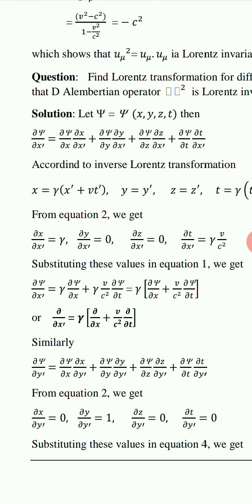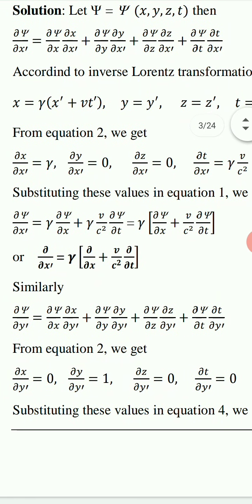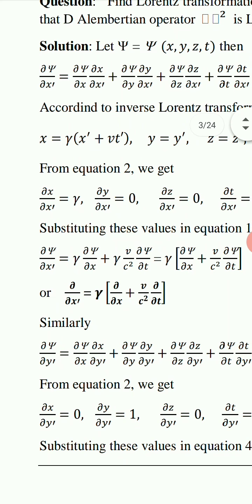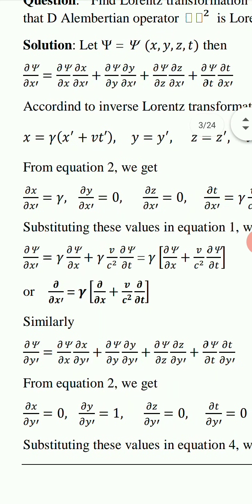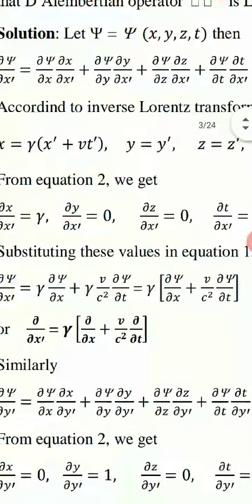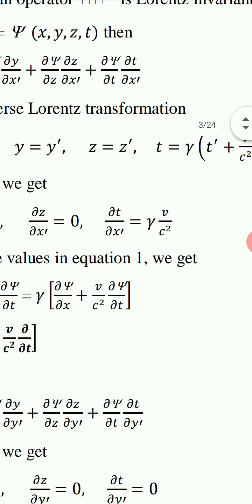Using these equations, we find delta x upon delta x dash is equal to gamma, delta y upon delta x dash is 0, delta z upon delta x dash is 0, and delta t upon delta x dash equals gamma v upon c square.